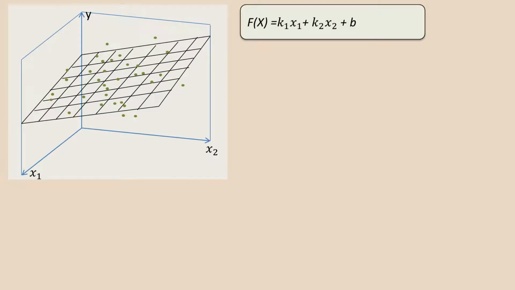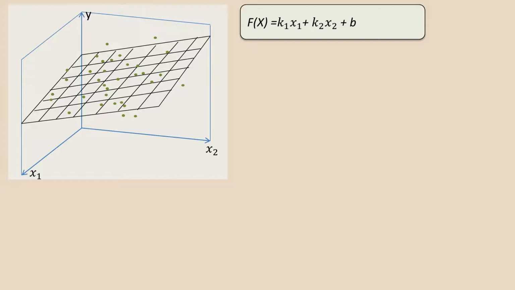And the next case which we can still successfully visualize is when we have two input variables x1 and x2 and still an output variable y. In this case, our dots will be presented in three-dimensional space as shown in this picture.